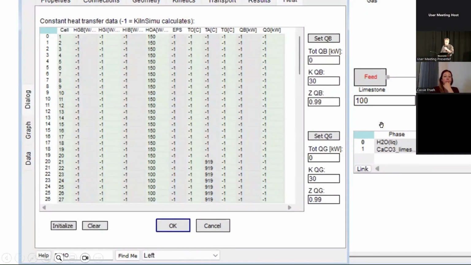And also these last two columns you can use for an internal heat source like in the plasma. So I have added a few parameters that you can use to enter or distribute the plasma heat into the kiln, the gas and bed side, using this S or sigmoid curve. And then there are a couple of parameters that you can use to control the inflection point, etc. of this S curve.